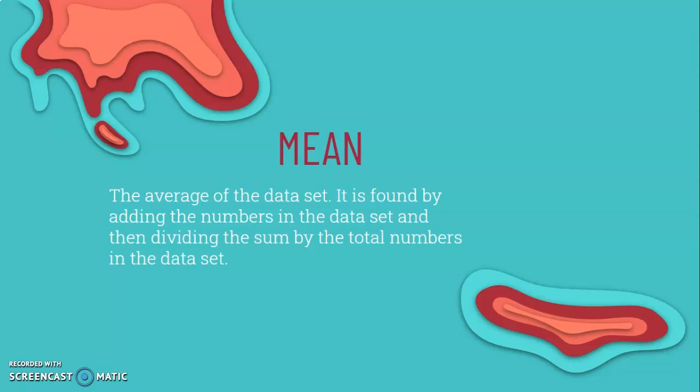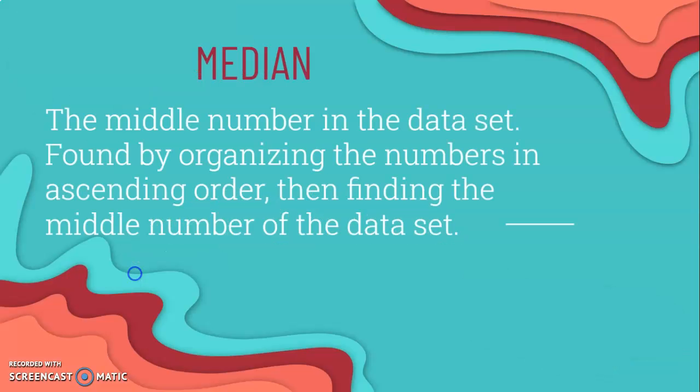One thing I want to point out is that in finding the mean, you don't have to organize the data in any particular order. You simply add the numbers up and divide the sum by the total numbers in the data set. That's how you find the mean.